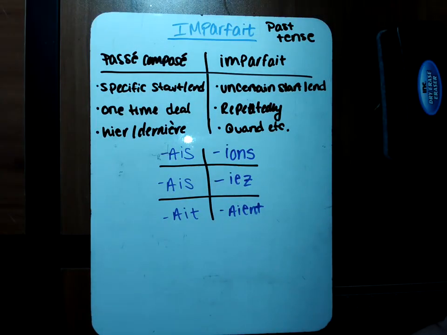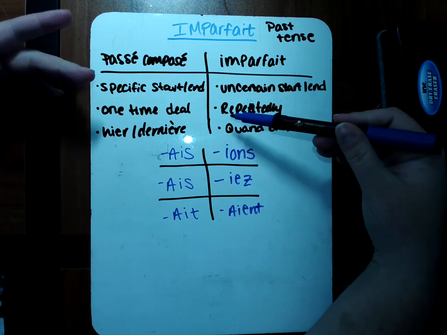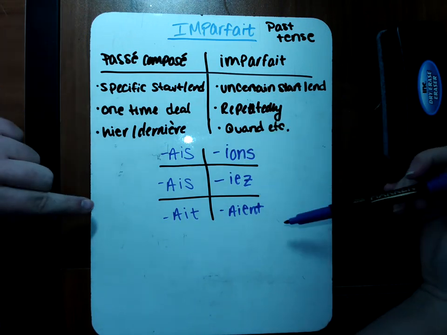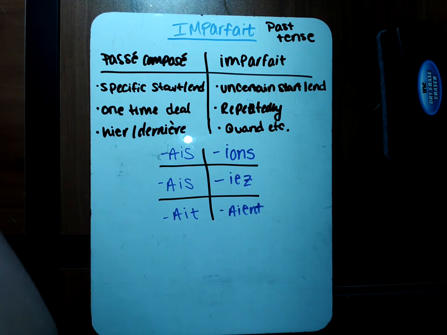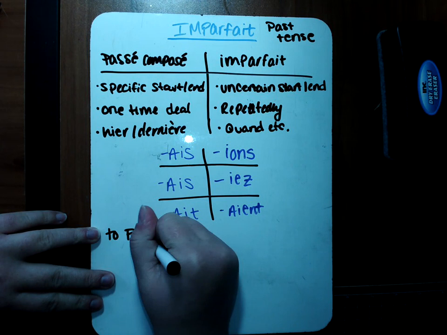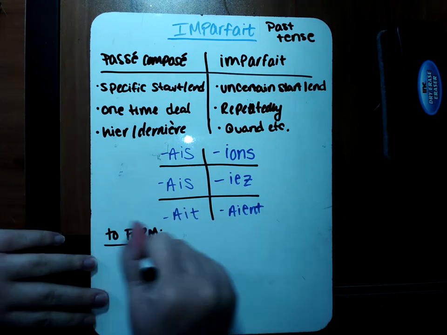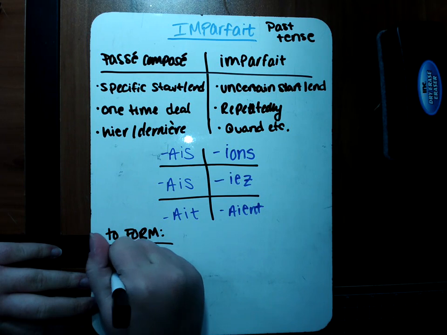That's better. So now that we have when we use the Imparfait, when we use the passé composé, and then what the endings look like, let's go into how to form it. So in order to form it, we need the nous form.